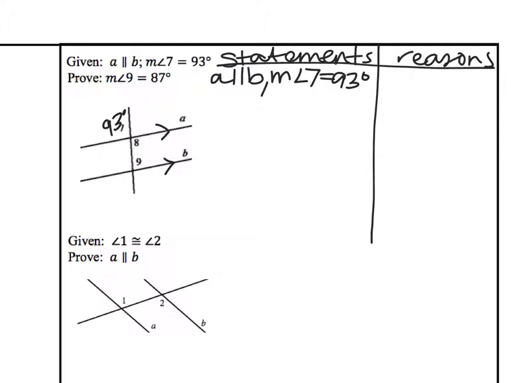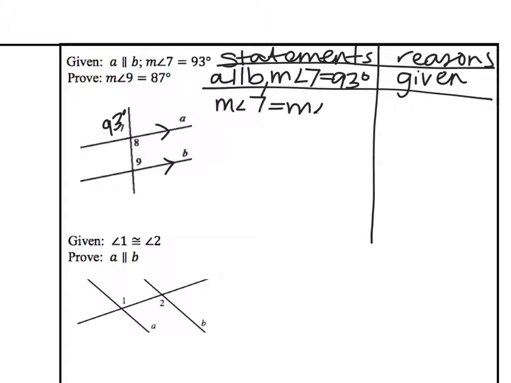Can you please discuss with that partner you just talked with before, why does it make sense that measure of angle 9 would be 87 degrees? So let's go ahead and say we have vertical angles. Since you're using measures and not congruence, I would keep that going. So measure of angle 7 equals the measure of angle 8 because of vertical angles.